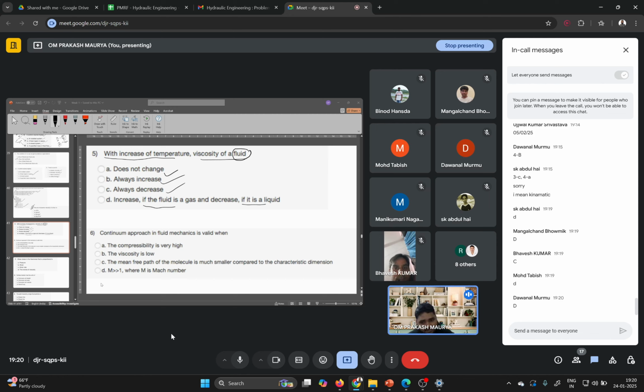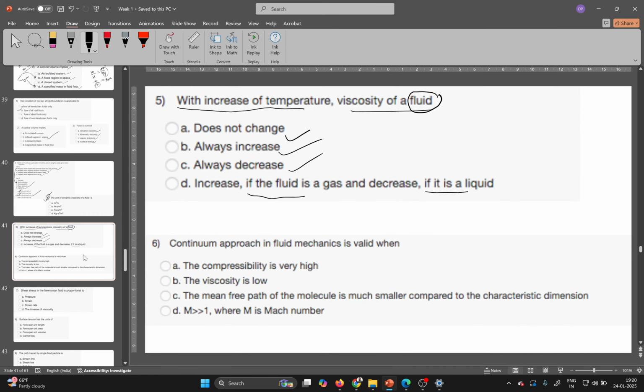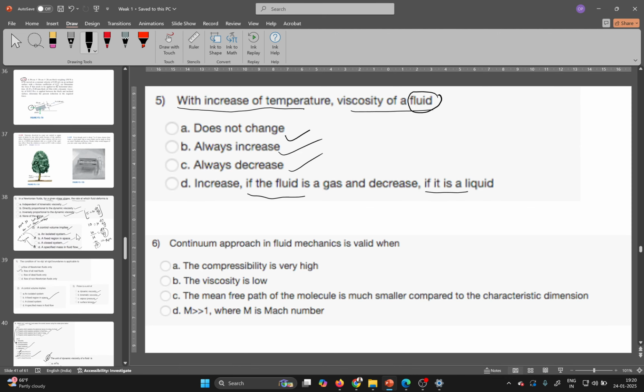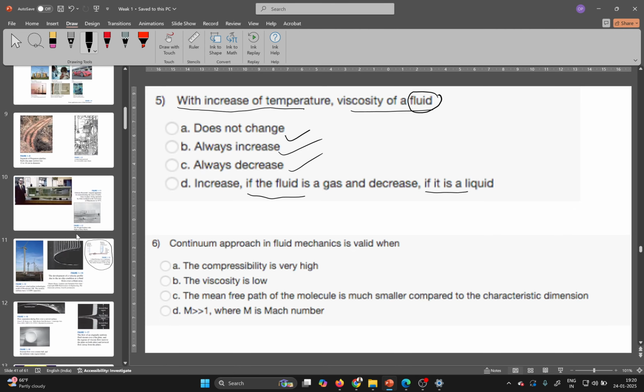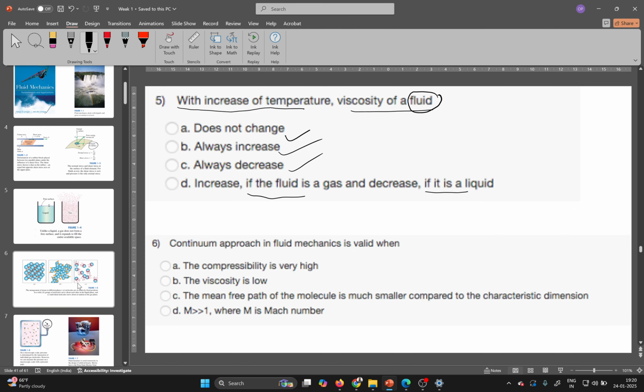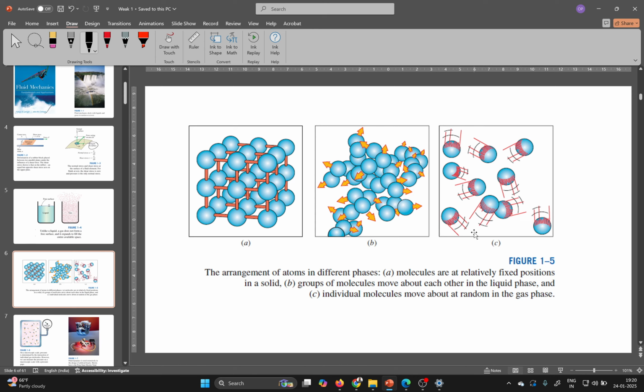Yes, D will be correct, let me discuss. Before going to the answer of question number 5, I want to show you a pictorial representation of liquid as well as gas. You can focus here on the three arrangements of atoms in different phases. The first phase is solid, second is liquid, and third is gas.